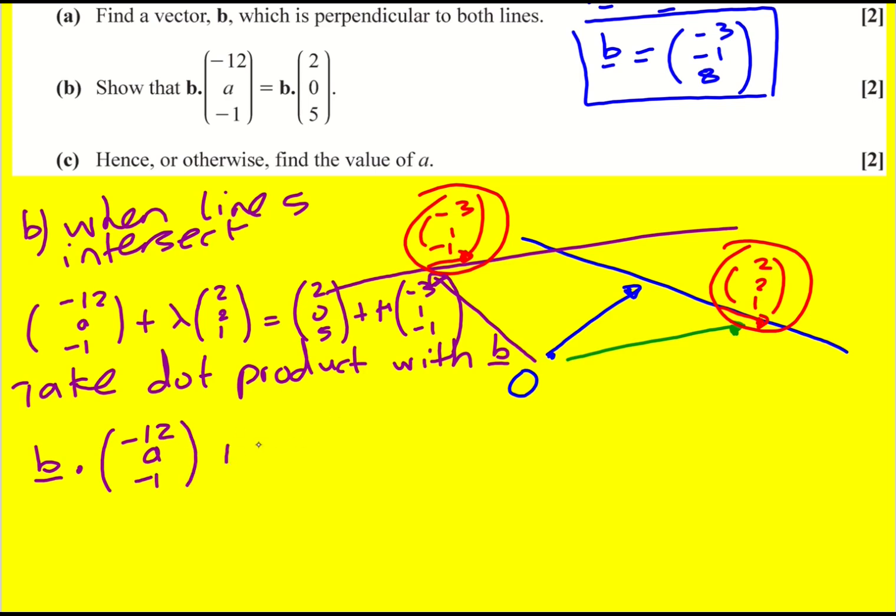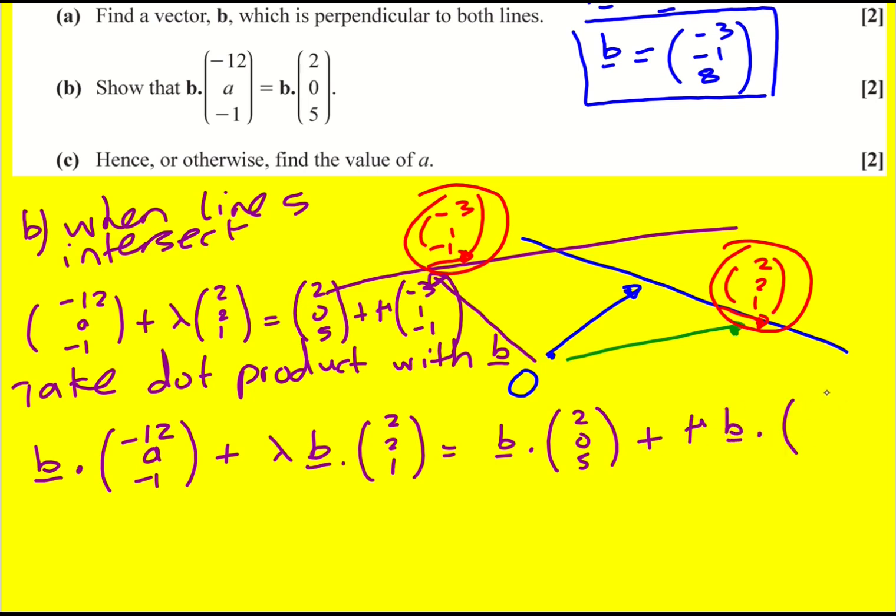I can actually just expand it like I would a bracket, do the dot product of b with the first vector and then with the second vector. This is why you really should underline your vectors, because it really makes clear what's a scalar and what's a vector.